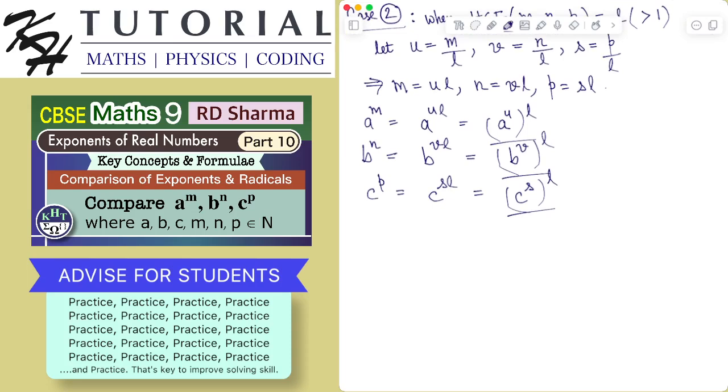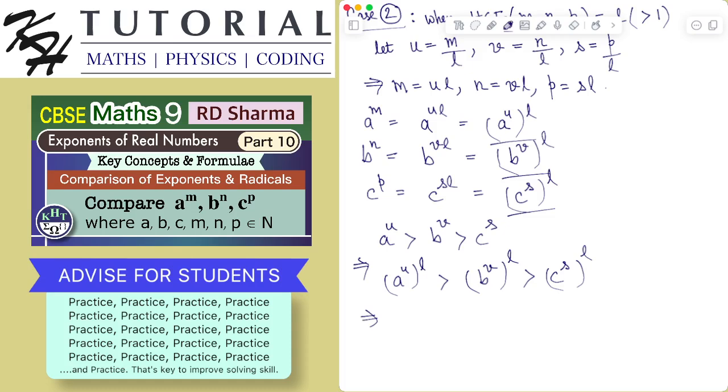So if we have a to the power u is greater than b to the power v is greater than c to the power s, we can raise all of them to a common power, which is a natural number. We will have a to the power u raised to the power L greater than b to the power v raised to the power L greater than c to the power s raised to the power L.